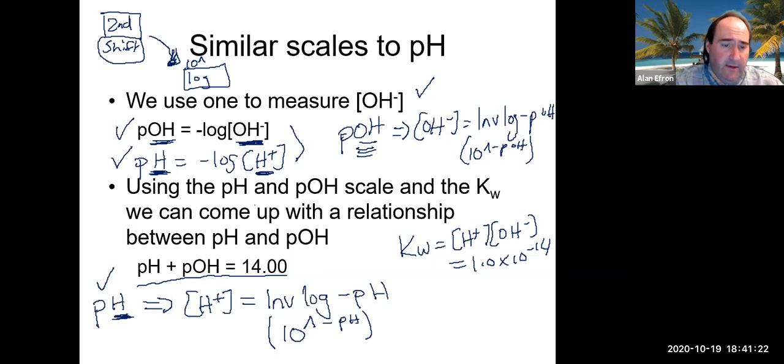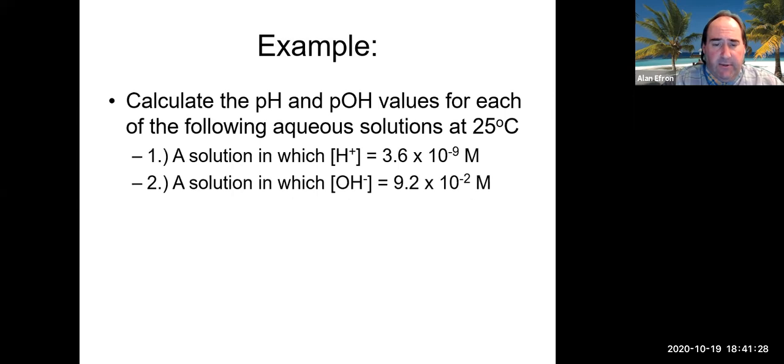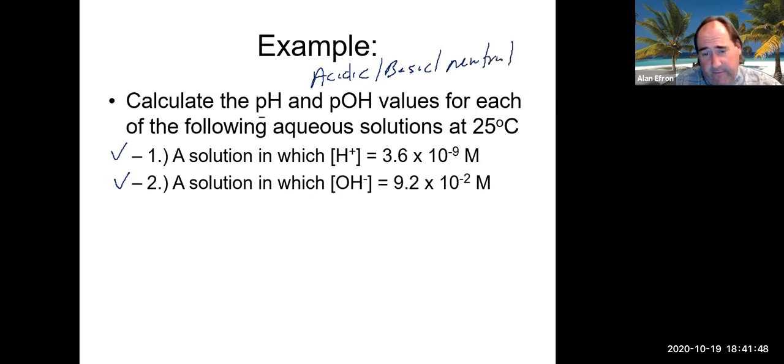All right, let's try some of these calculations. So what do we got going on here? All right, so why don't you try these? Two separate problems. Let's calculate the pH and the pOH for each of these solutions. And while we're at it, let's also determine if it's acidic, basic, or neutral. All right, take a couple of minutes. We're looking for both pH and pOH for each of these, and is it acidic, basic, or neutral? So see what you come up with.